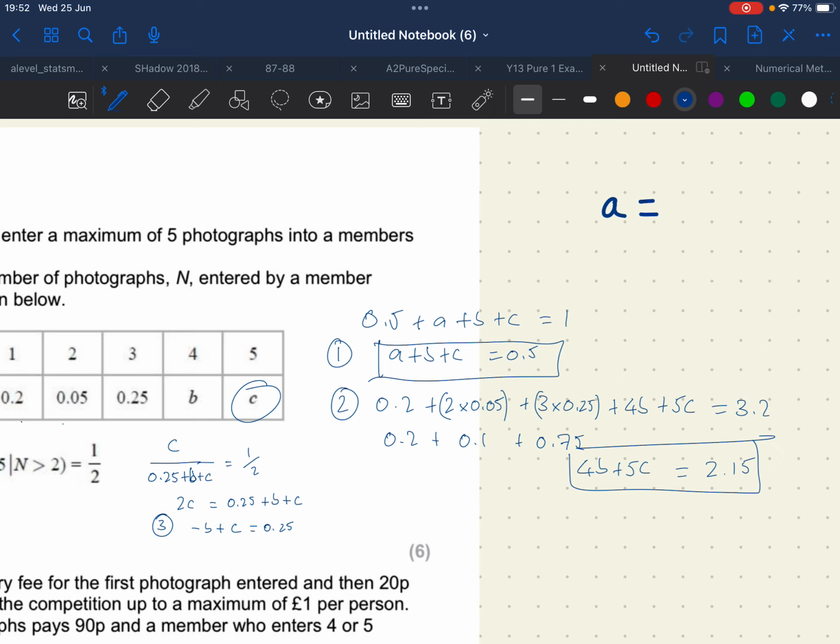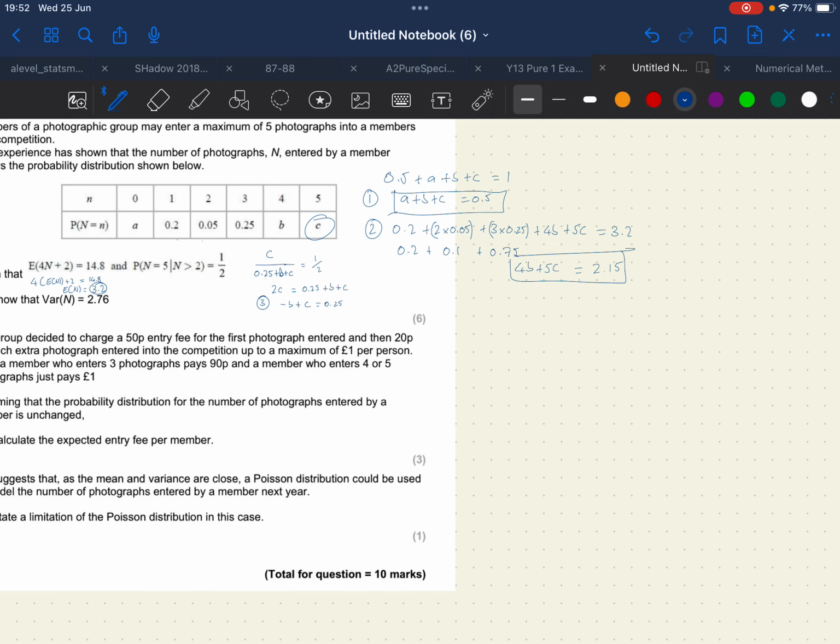I can't see it. Right, a B value. Have I got a B value? No, again, I'm looking at the wrong question. Just give me a second. What is going on here? So this is question 7, right?